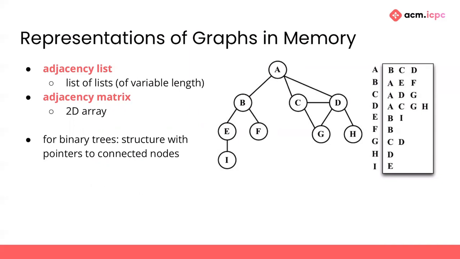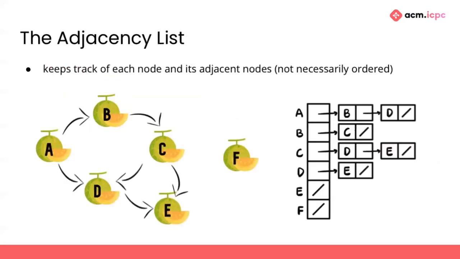In this picture on the right-hand side, here's a visual representation of an adjacency list. It's just telling you which nodes each node is connected to. Here is another visual of the adjacency list. Basically, its role is to keep track of each node and its adjacent nodes.